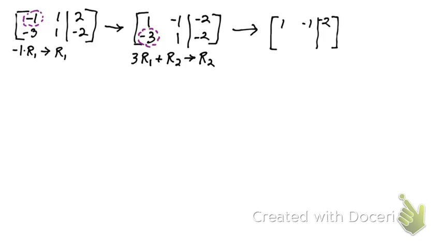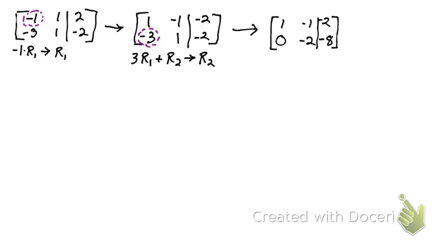So we do 3 times 1 plus negative 3. So 3 times 1 is 3, plus negative 3 is 0. Then we go 3 times negative 1 is negative 3, plus 1 is a negative 2. Then we do 3 times a negative 2 is a negative 6, plus negative 2 is going to be a negative 8.